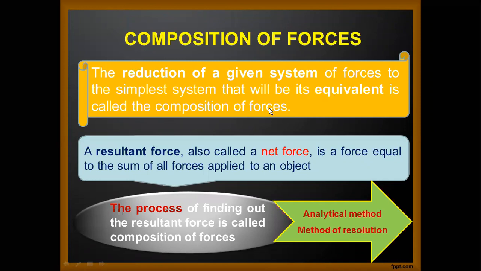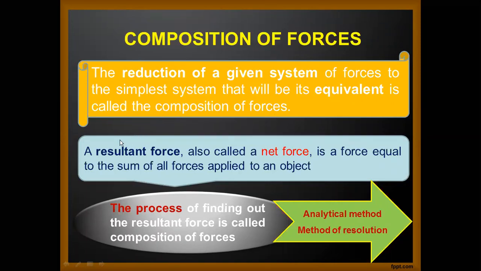Assume they have given 20 different types of forces acting in a single system, and we reduce that system into a simplest form, and find the same net effect caused by all the forces as a single force. That process is called composition of forces. That is determining an individual equivalent which has the same effect as that produced by all the 20 different types of forces.